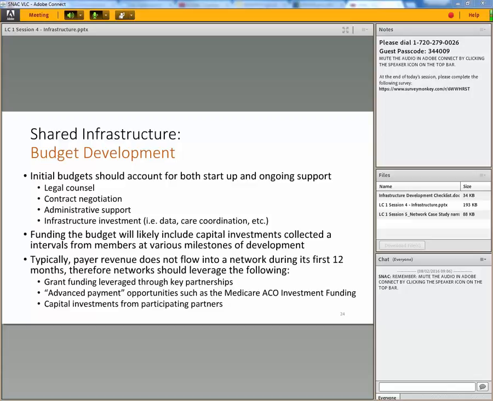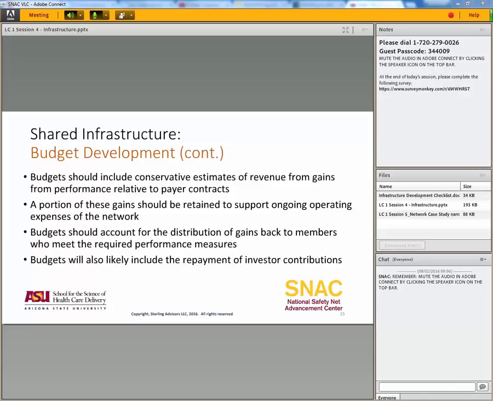So you have to look outside, either grant funding, capital investments from the participants, or in the rare cases where contracts may offer upfront investment, like the Medicare ACO investment model that was an opportunity that expired last year around this time. Those were ways of essentially funding it ahead of having the payer revenue to sustain it.